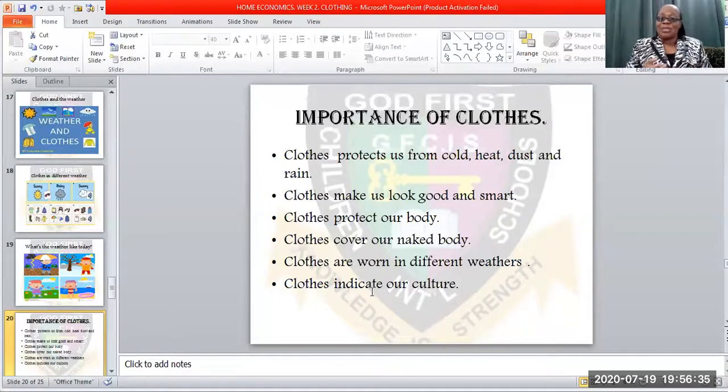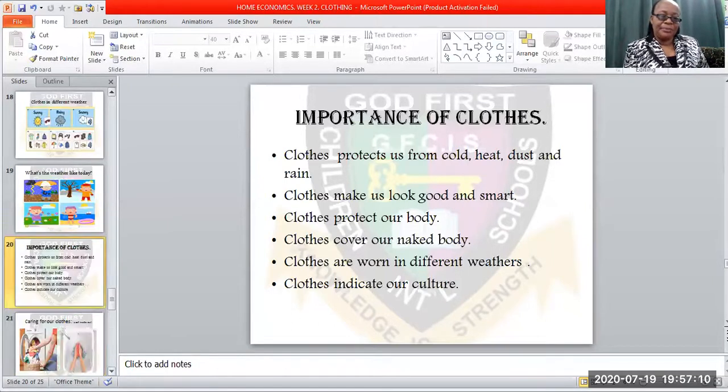Whatever culture you want to portray, you can wear those clothes to portray a culture from the north, the south, the east, or the west. You don't have to be from that particular tribe or community, but you can showcase the culture of your loved nation. That's why we have natives. Beautiful.